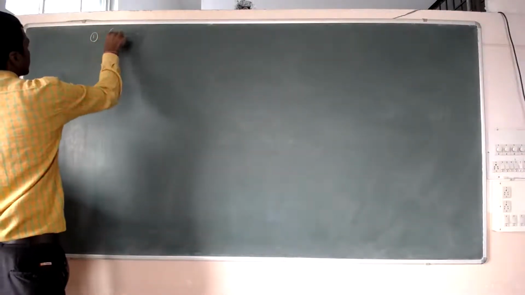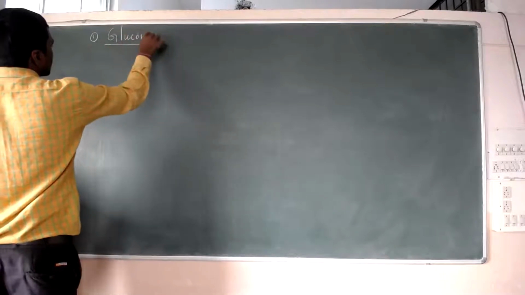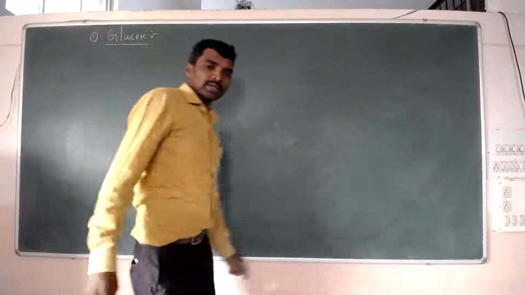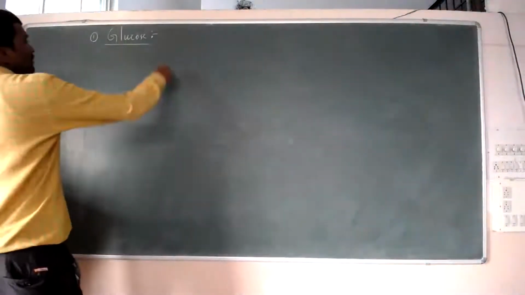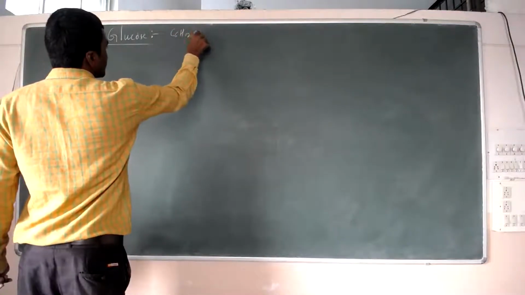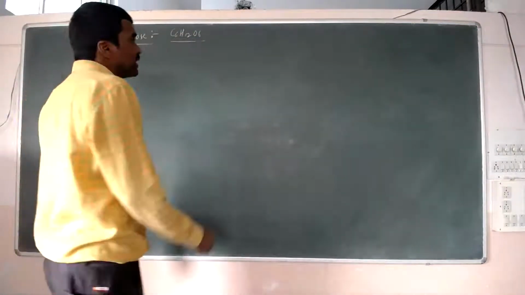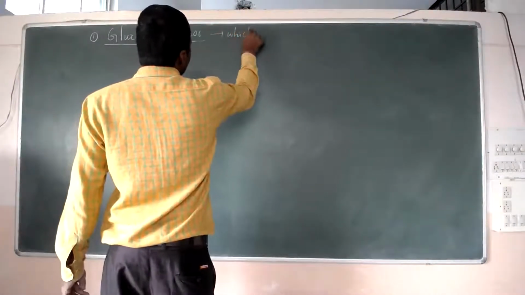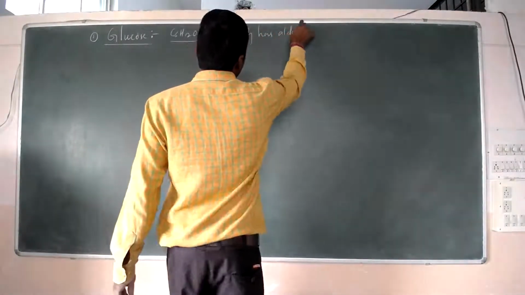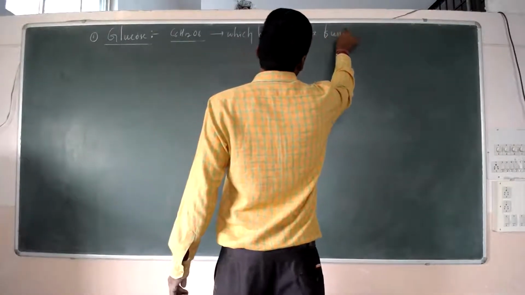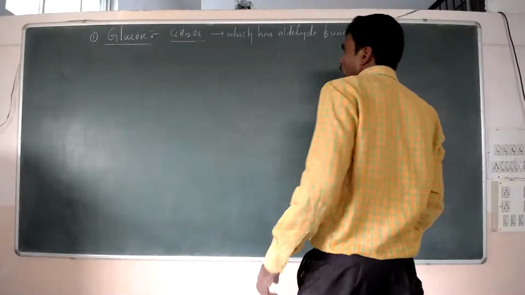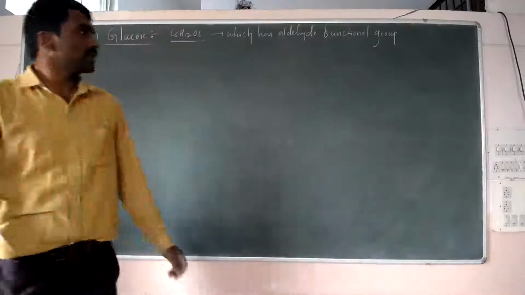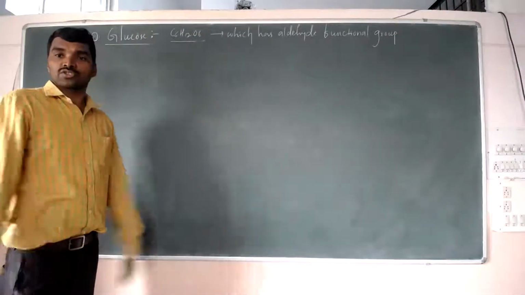Now we discuss what glucose is. In glucose, the formula is C6H12O6, which has an aldehyde functional group. Which is called actually aldohexose.